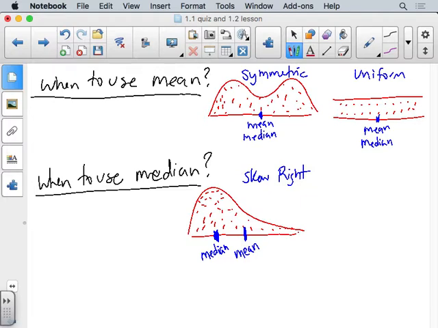That's not a good thing. Which one is a better representative of where the bulk of my data is? The median. Which one is easier to find though, mean or median? I would argue for a large number of data, it'd be the mean. If I had to line up all my raw data in order and then cross off all those numbers to get the median, it would be the mean.